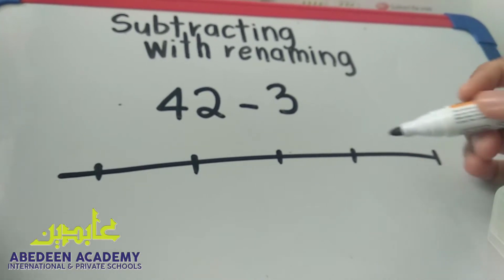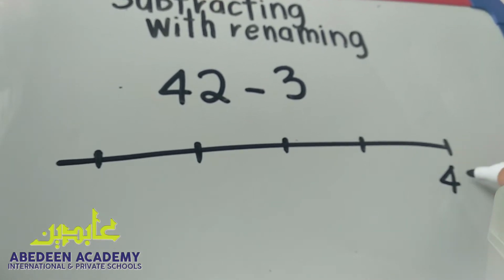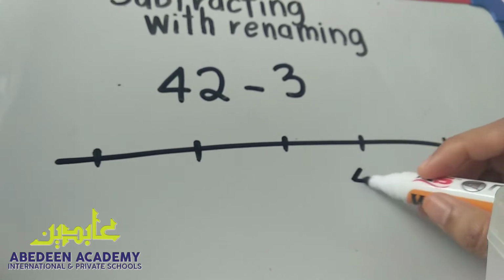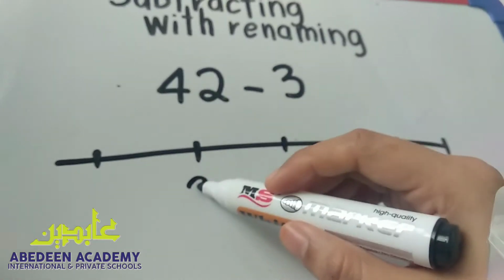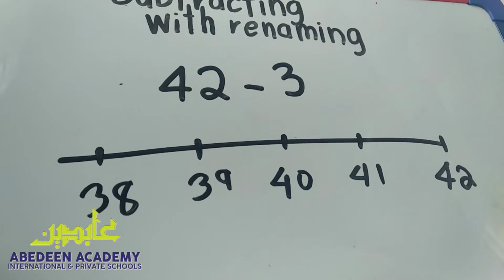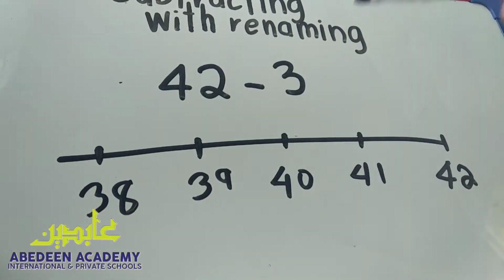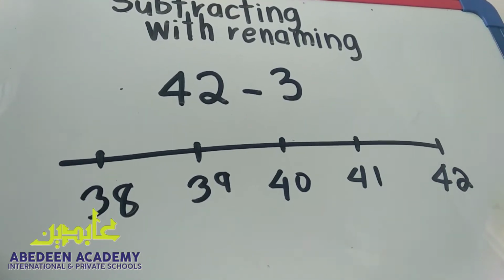If it's 42, then you put 42 here, and then you start going backward. 42, 41, 40, 39, 38, and the list goes on and on. But since it's just a small number, it won't be longer than this.